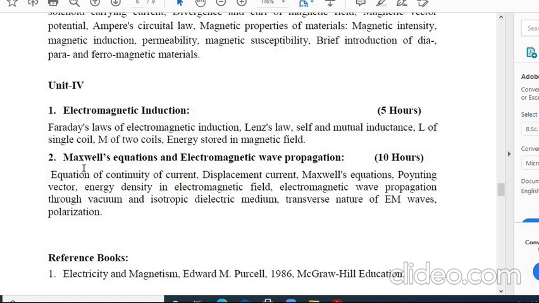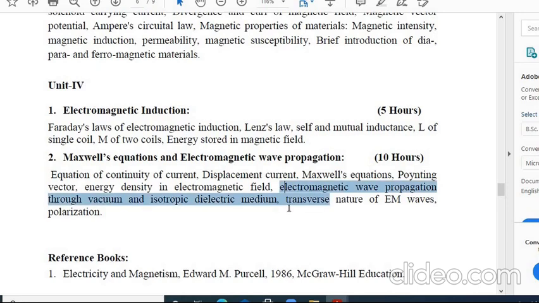The chapter 2nd is named Maxwell's equations and electromagnetic wave propagation, but half of this chapter is deleted for your examination. So it consists only up to this: the equation of continuity of current, displacement current, Maxwell's equations, Poynting vector, and the energy density in electromagnetic field.